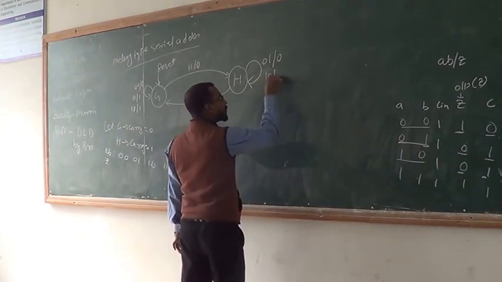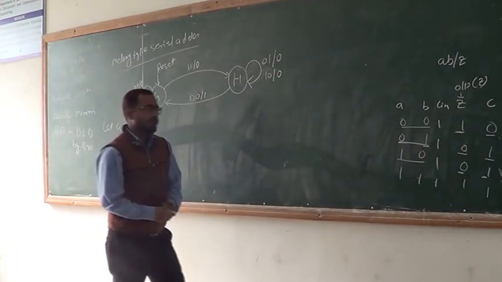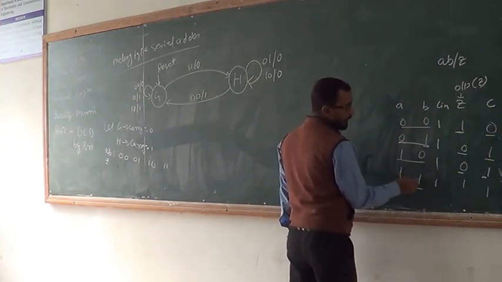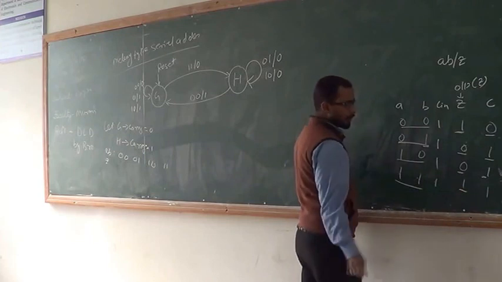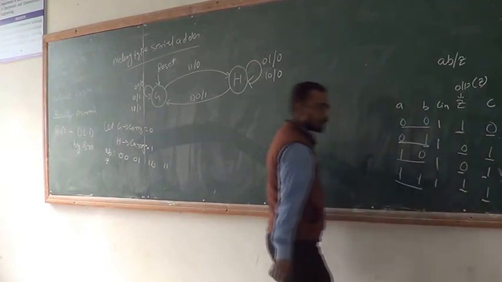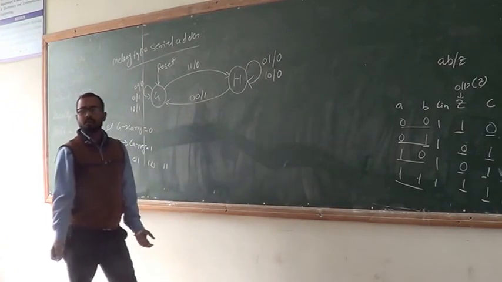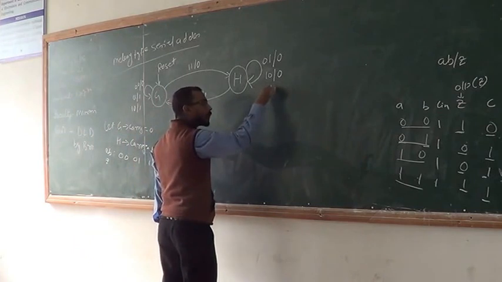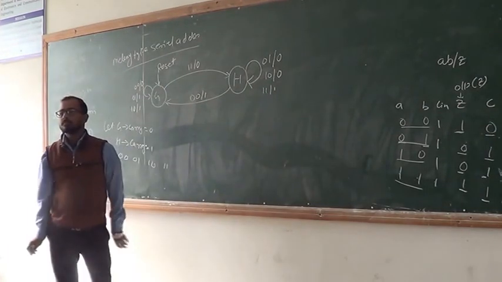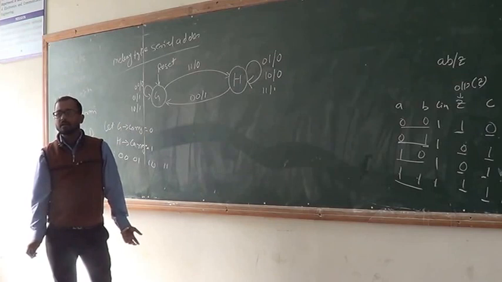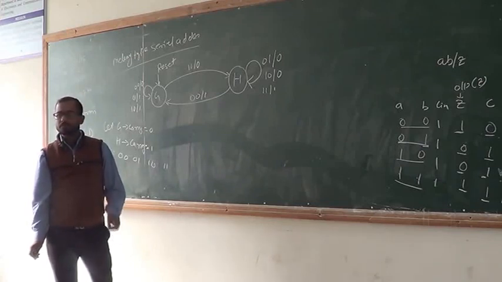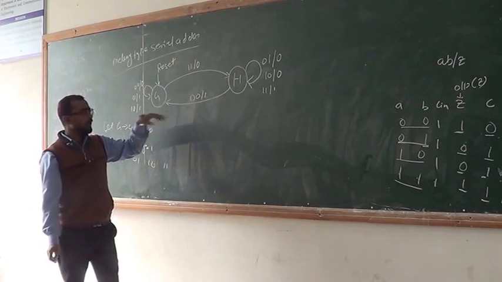And the last case, when 11 comes, the carry is also 1. That means the element containing 1 is H. Therefore at 11 the output is 1, and carry is also 1. Therefore we stay at H state. Any confusion? Now this is the state diagram.